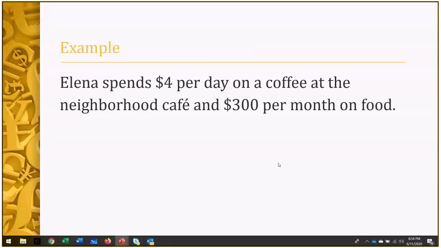So here is an example. Elena spends $4 per day on a coffee and $300 per month on food, and they want a spending ratio for the first thing to the second thing. So first, let's talk about $4 per day. We need this as a yearly amount. So if it's per day, we need to change this by multiplying it by 365 because there's 365 days in a year.